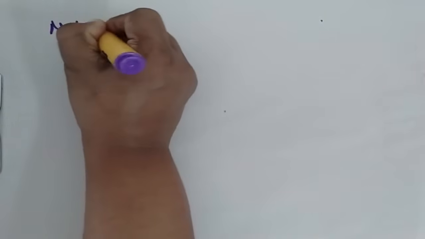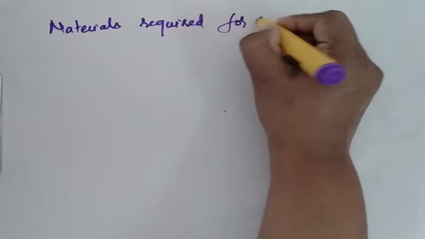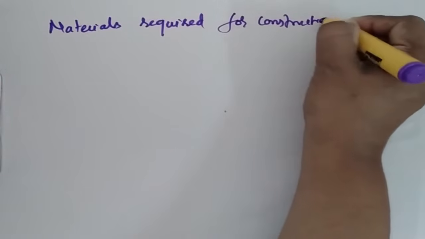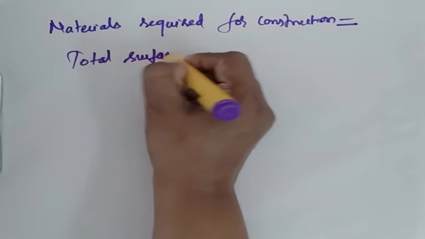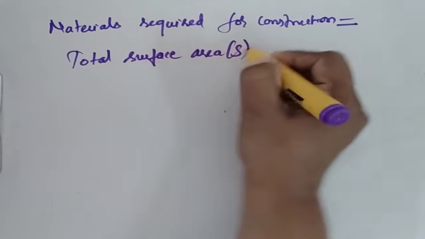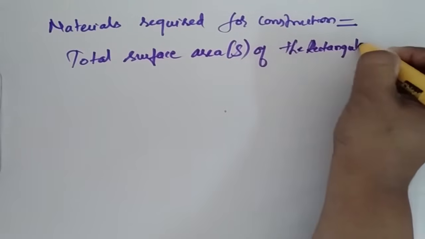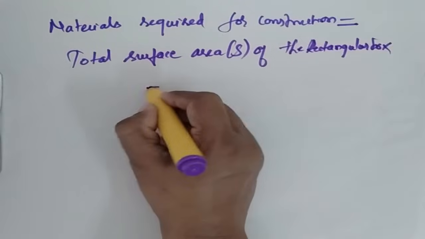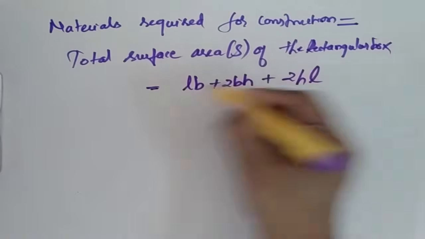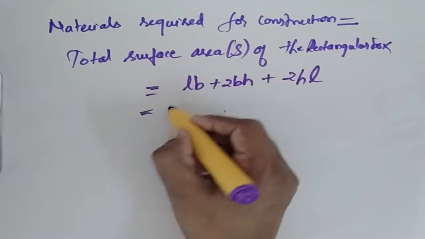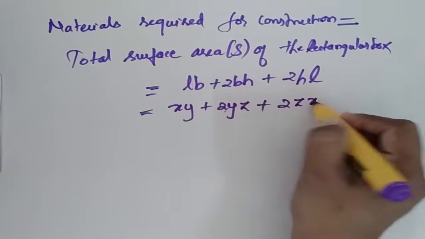Materials required for construction is equal to total surface area S of the rectangular box, which is equal to LB plus 2 base into height plus 2 height into length. So this is equal to XY plus 2YZ plus 2ZX.